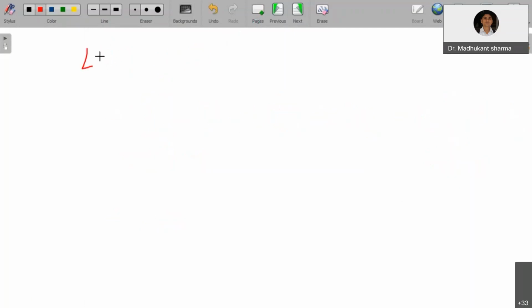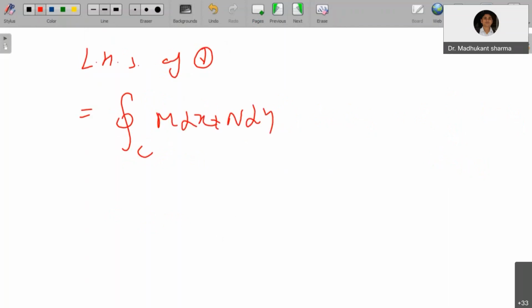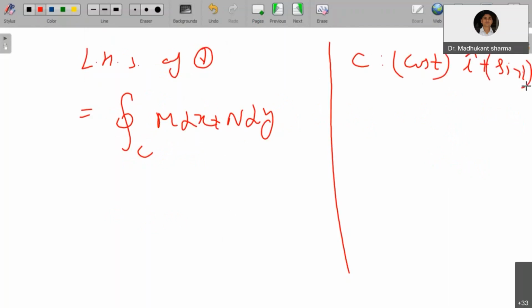The left hand side of 1 equals the integral of m dx plus n dy. We already have the C parameterization: cos t i plus sin t j, 0 less than or equal to t less than or equal to 2 pi.